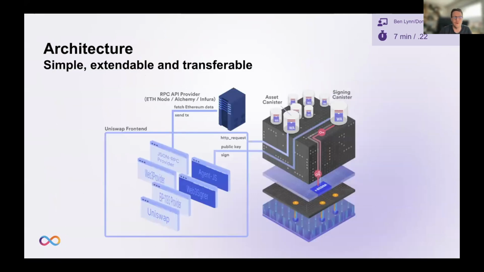So here is what we did, and the main point is that it was really easy and everyone can do it. We hosted the Uniswap frontend on an asset canister, and the Uniswap frontend uses a common pattern in Ethereum dApps, a standardized library and interface called a Web3 provider and signer, and we basically just hooked into this Web3 signer and implemented an interface to a canister-based wallet.